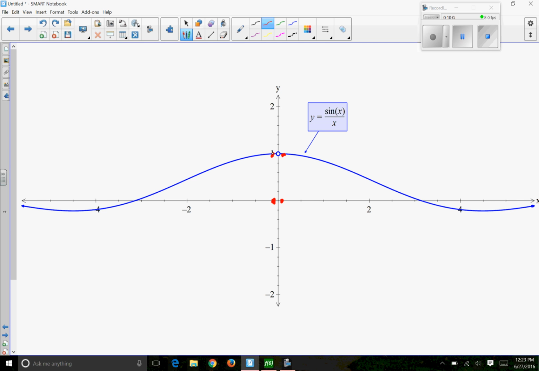I misspoke. The value of the function here, that means the y value, is practically 1. The y coordinate of this red dot is very close to 1. Same with that one right there. So we say limit of sine x divided by x as x approaches 0 is 1.